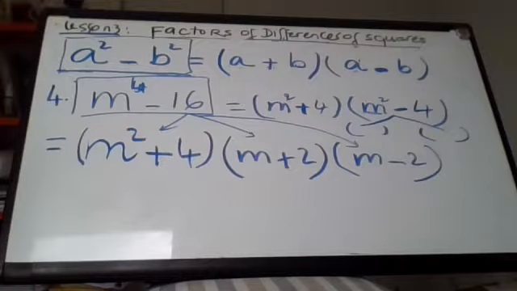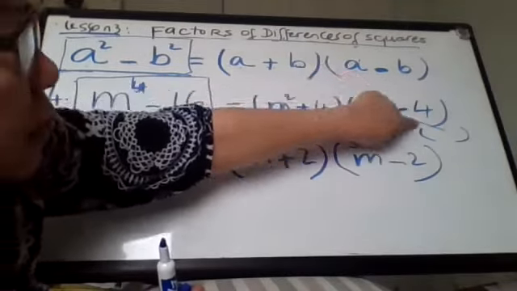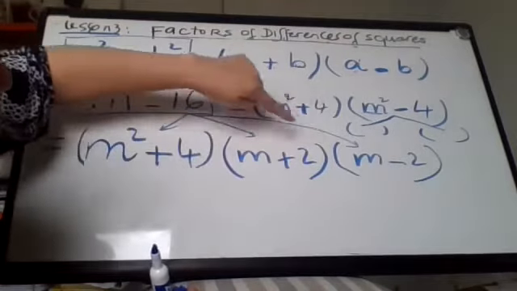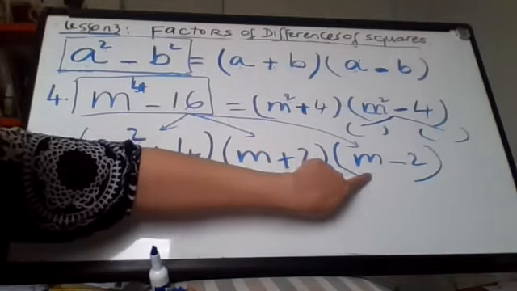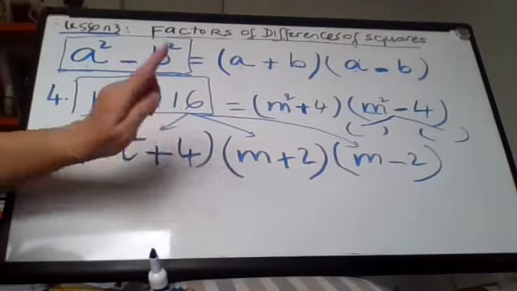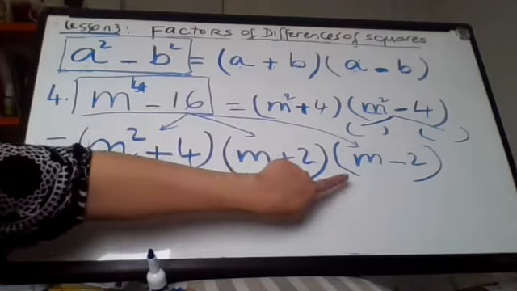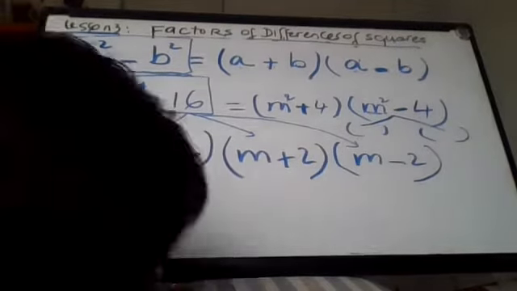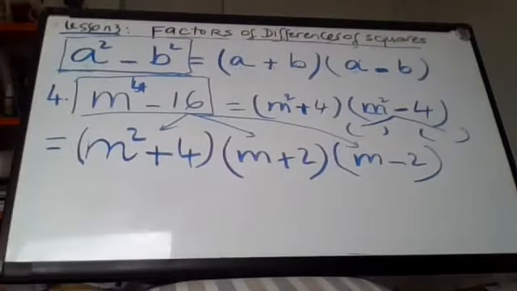We completed it. As long as we see any pattern like that, a squared minus b squared, we're going to break it again into 2 brackets, become a plus b times a minus b, which in this example is m plus 2 times m minus 2. Okay, I hope that you understand, right? Actually, the idea is not so bad.